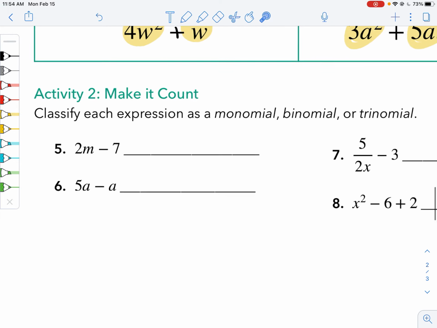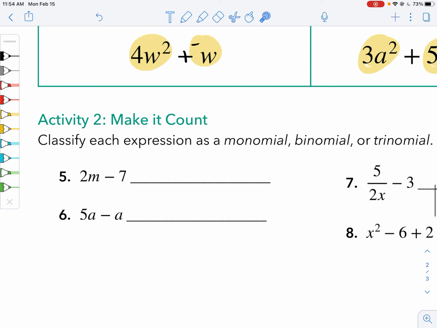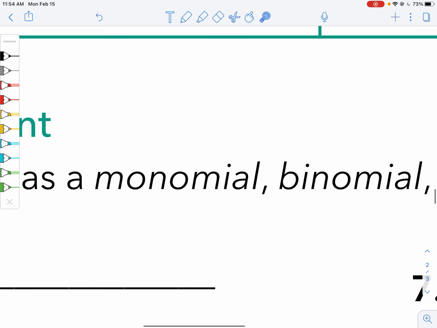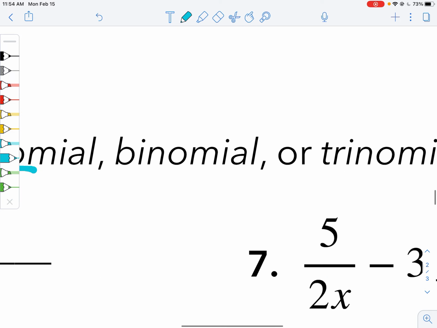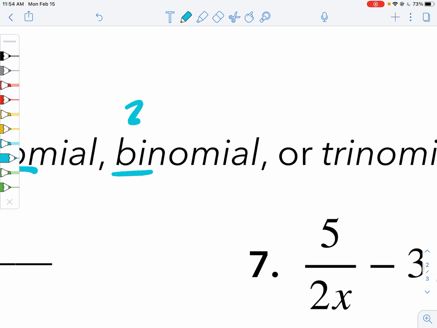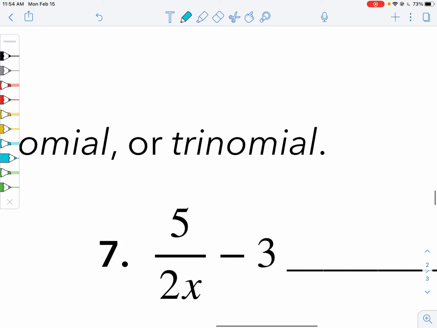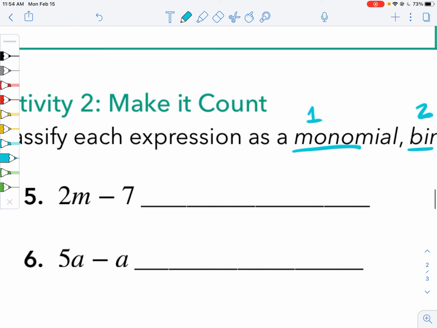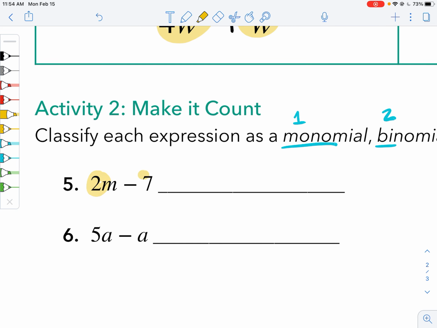So let's determine, is this a monomial, a binomial, or a trinomial? Quick reminder, a monomial has 1 term. A binomial has 2 terms. A trinomial has 3 terms. Excellent. Okay, so here we've got 1, 2 terms.